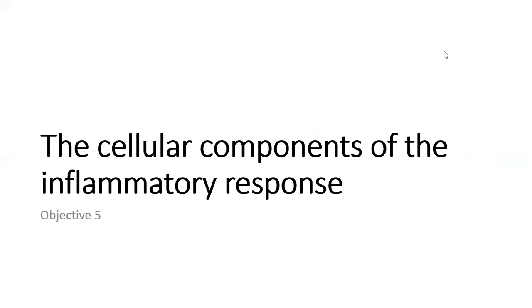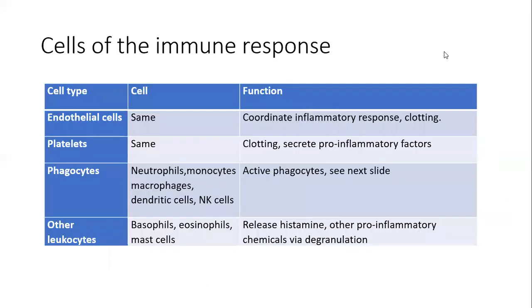So there are different types of cells that participate in the immune response, which we talked about. So this is the adaptive immune response or the inflammatory response. So there's endothelial cells, platelets, phagocytes, and other leukocytes.